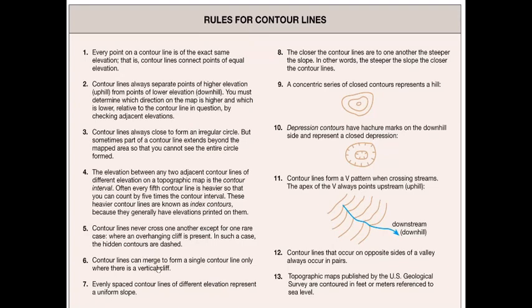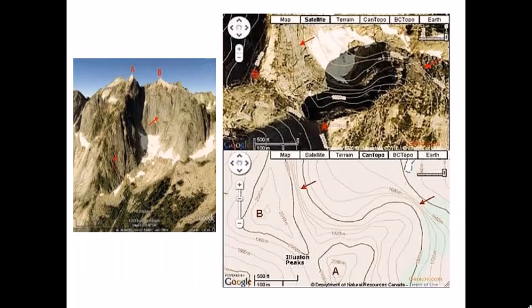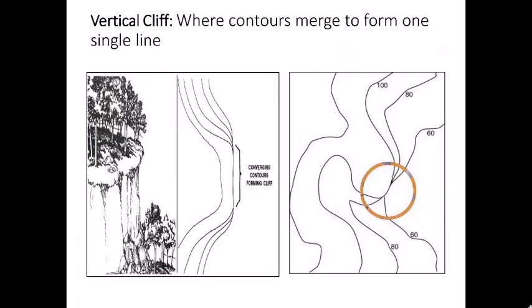Contour lines can merge to form a single contour line only when there is a vertical cliff. So these are two cases which are very different from regular contour maps, and they can only arise if, one, you have an overhanging cliff, or two, you have a vertical cliff. A vertical cliff is different from an overhanging cliff, because in a vertical cliff you have this sort of topography where it just goes vertically down.